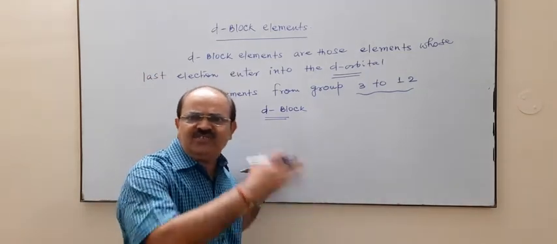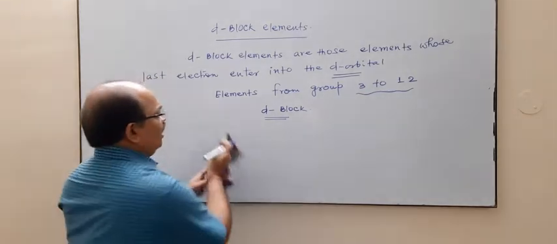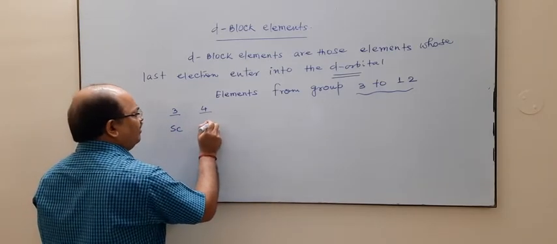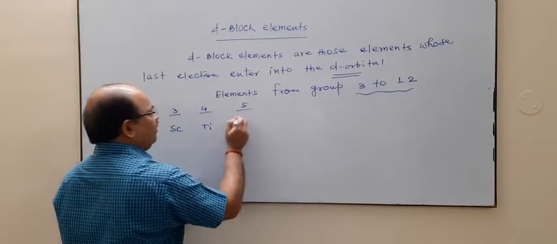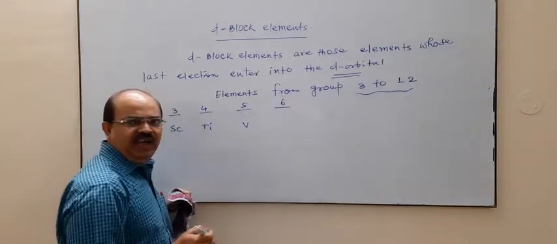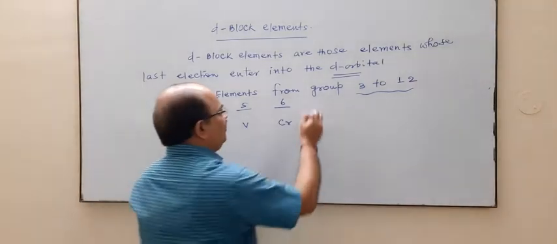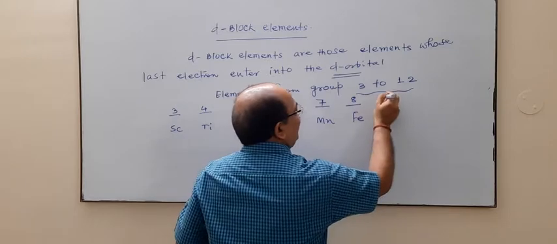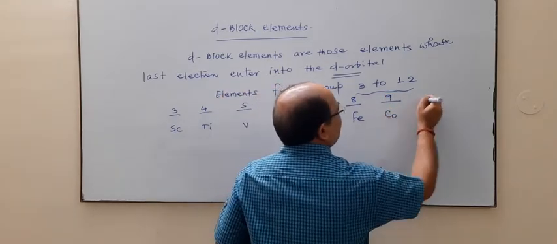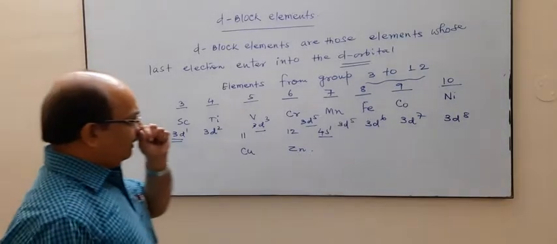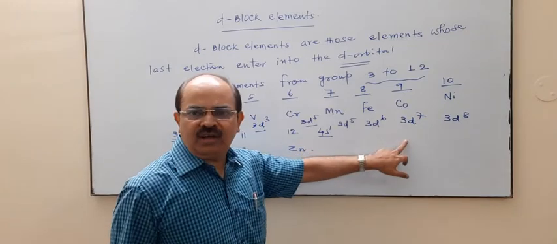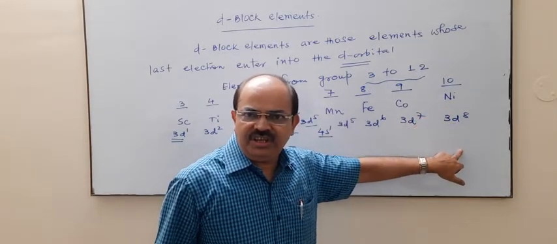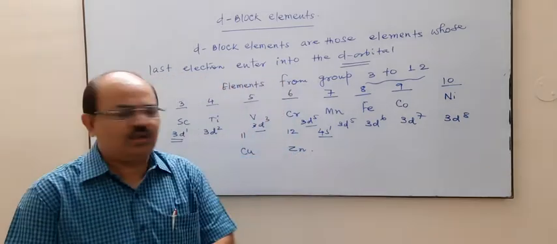Now there is no need to list each and every element. If we observe, in group 3 we have scandium, in 4 titanium, in 5 vanadium, in 6 chromium, in 7th manganese, in 8th iron, in 9th cobalt, which is 3d7. Nickel is 3d8, in the 10th group.